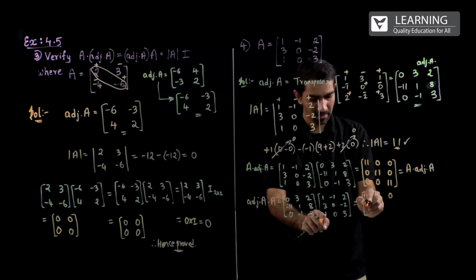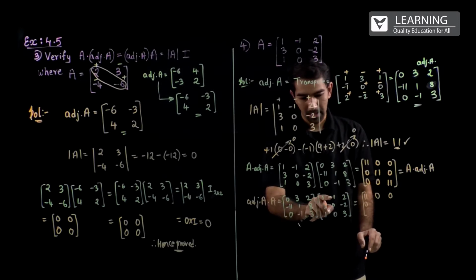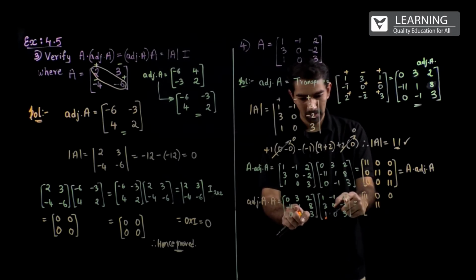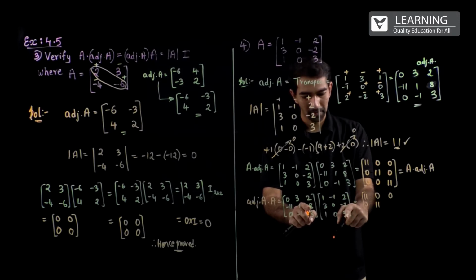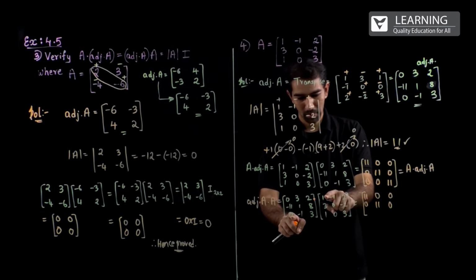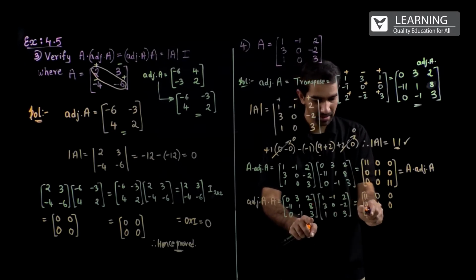So minus 11 plus 11 is again becoming 0. Plus 11, 0, 0, so plus 11 as it is. Minus 22, minus 2, that is becoming minus 24, plus 24. So this will again become 0. So 0 into this is 0 again, minus 3 plus 3, 0.